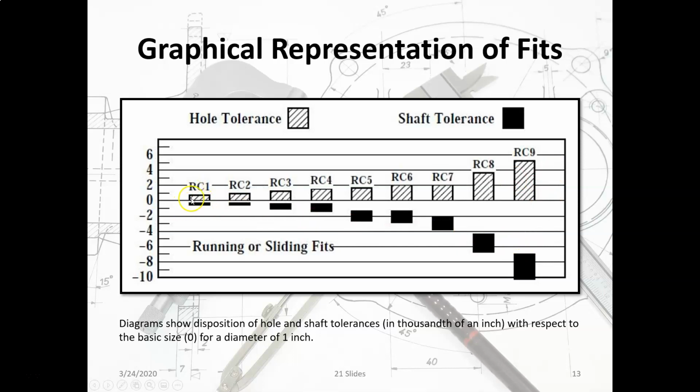The way to understand this is the hashed symbol is the hole, and the solid symbol is the shaft. The hole, by being above 0, is always going to be the largest one. And so here we have the difference right there. The gap in there is the clearance, the amount of clearance between the shaft and the hole. And you can see the clearance grows. So an RC9 is going to be a very, very loose fit, and an RC1 is going to be a tight clearance fit.